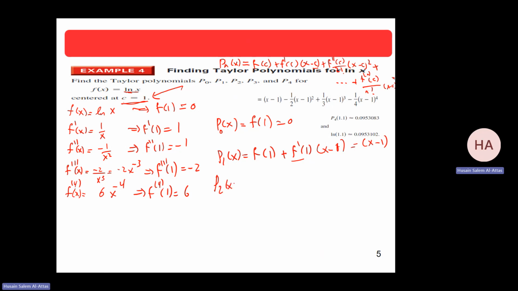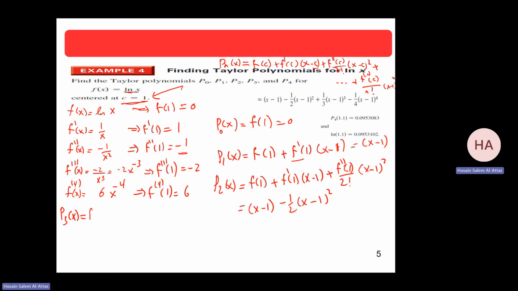P2 of x will be f of 1 plus f prime of 1 times x minus 1 plus f double prime at 1 over 2 factorial x minus 1 squared. So that will be x minus 1. f double prime is minus 1, so that will be minus 1 over 2 x minus 1 squared. Now what is P3 of x?